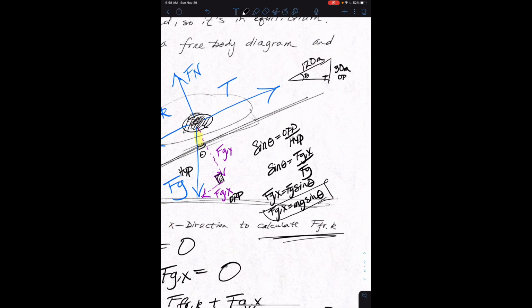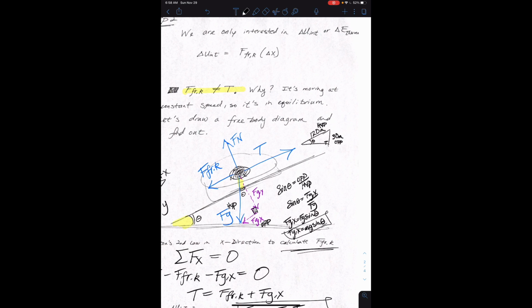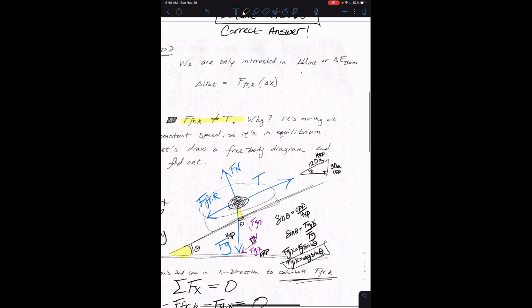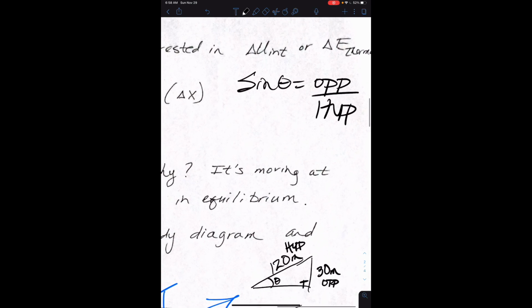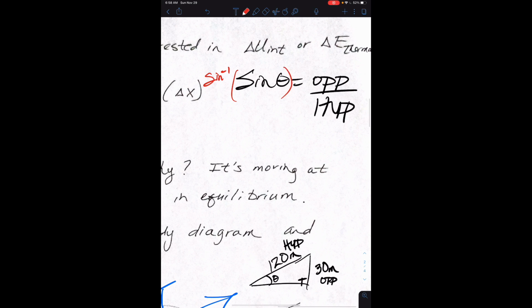This is an opposite. This is a hypotenuse. We can use inverse sine. So remember, sine theta equals opposite over hypotenuse. Sine inverse will cancel off sine, but you have to do it to both sides.